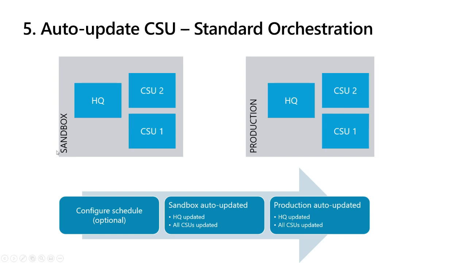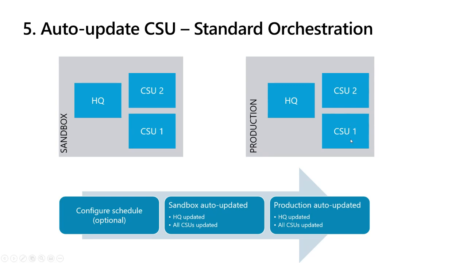Once you're good with this, after 5 days, your production environment update kicks in. For your production environment, we're going to update your HQ environment first. And then we're going to, in parallel, update all of the CSUs in your production environment. So that's going to be the flow. In sandbox, only one CSU will be auto-updated.